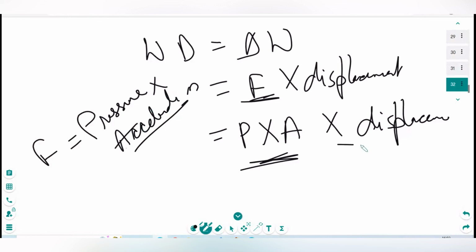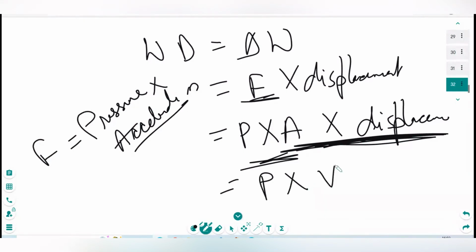Now what do you think is acceleration times displacement?